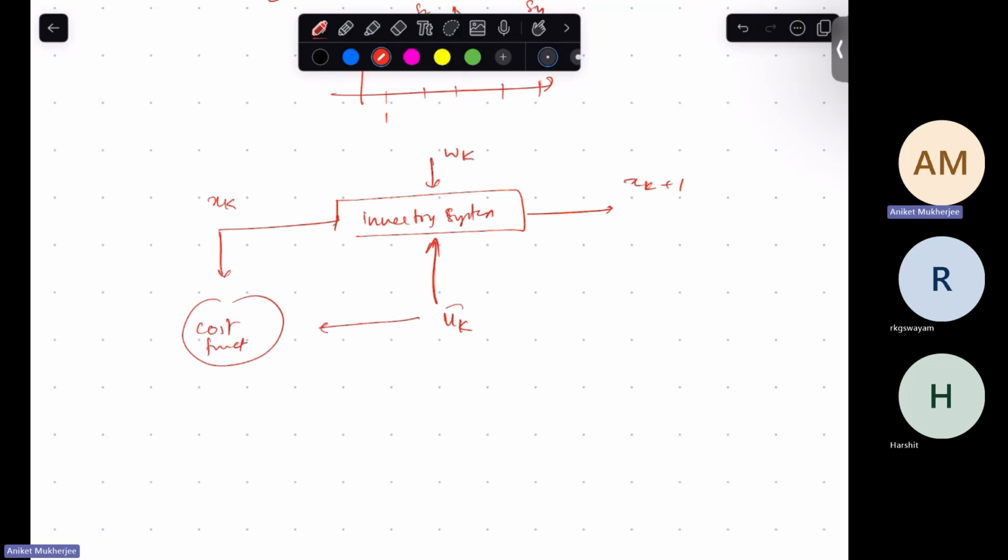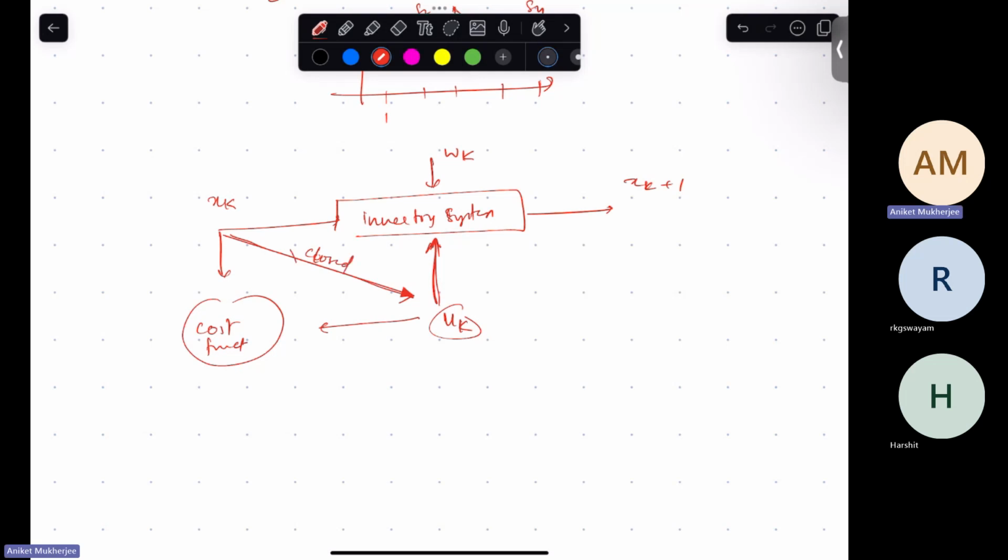Now, how do you take these decisions? If you have a link where, before taking uk, you give this xk to that decision, and based on it you decide what uk is and then give it to the inventory system, then it is a closed loop system.